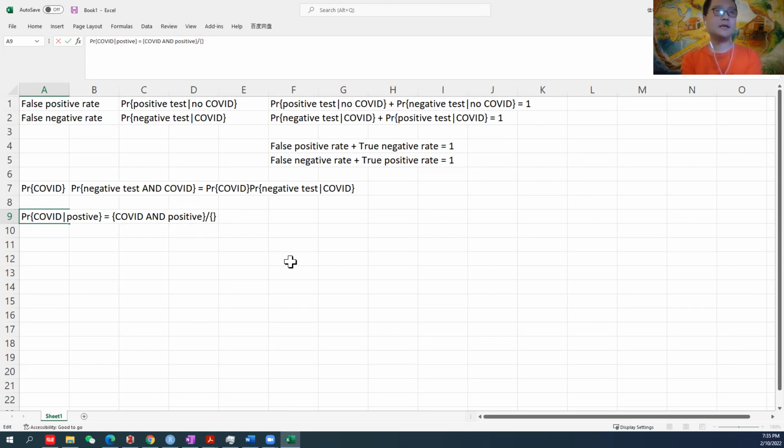Because the conditional part is positive, here it's actually straightforward: that's the probability of getting a positive result. Are you with me here? We can also write probability in the beginning to stress them.